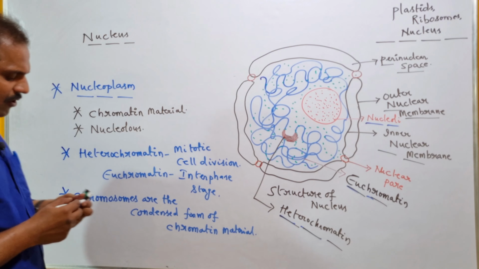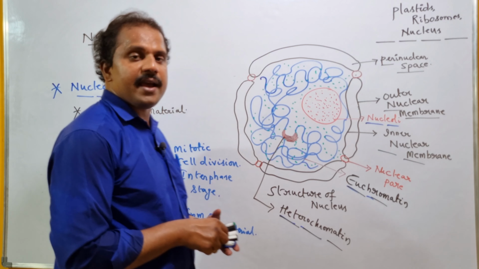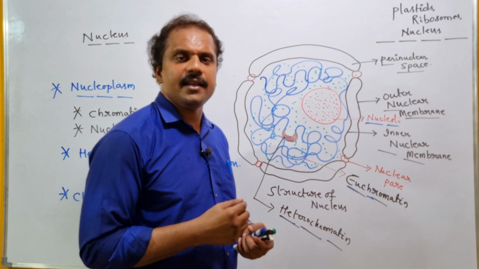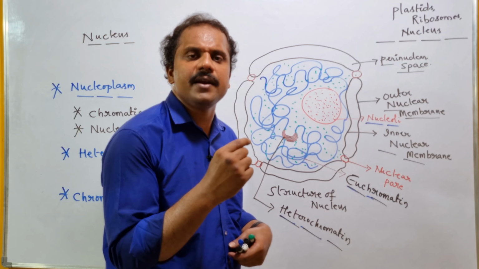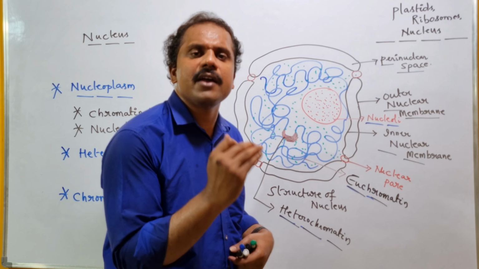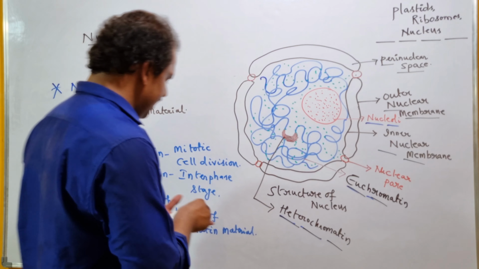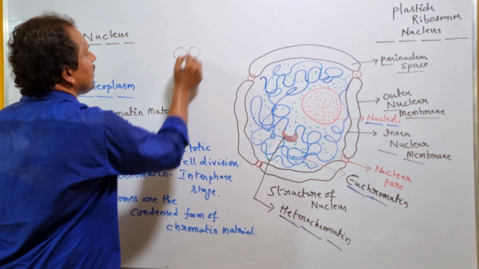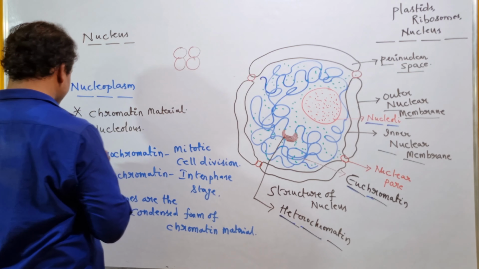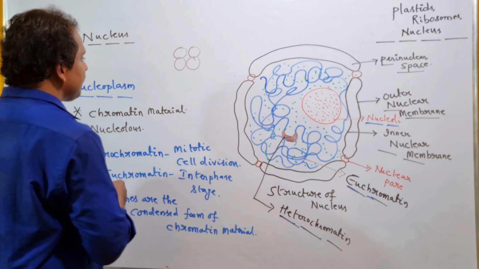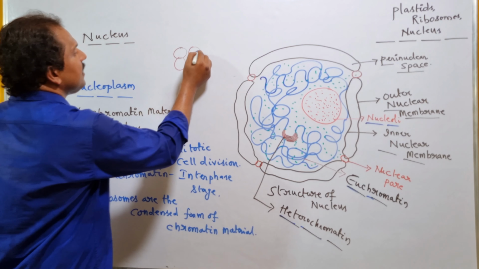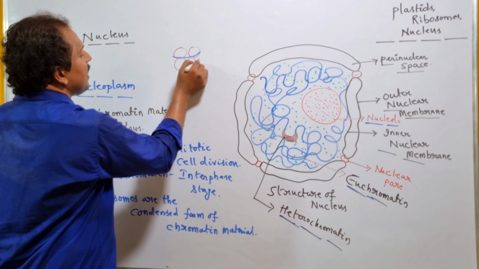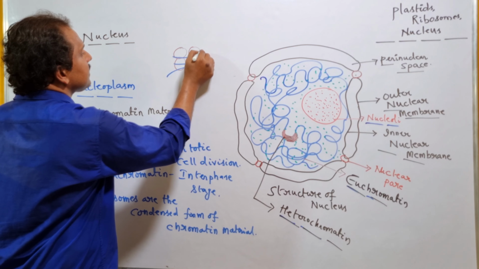The chromatin material won't be packaged into the chromosome directly. At first, the chromatin material is successfully wrapped around the histone octamer. If you look here, we can easily understand. So here it is nothing but what? The histone octamer, right? On the surface of the histone octamer, the DNA content is successfully wrapped.